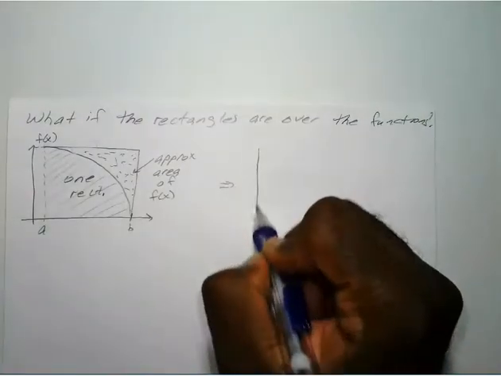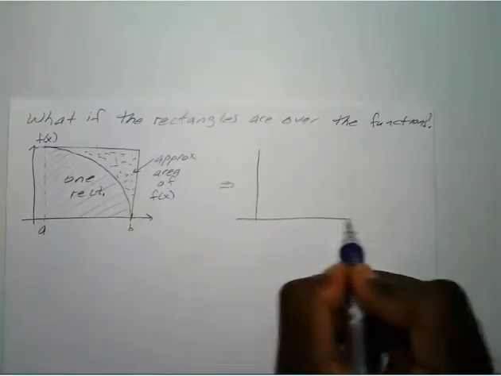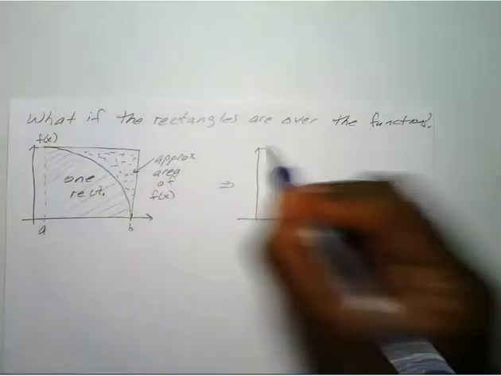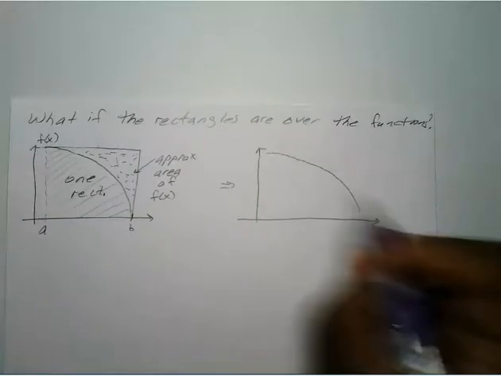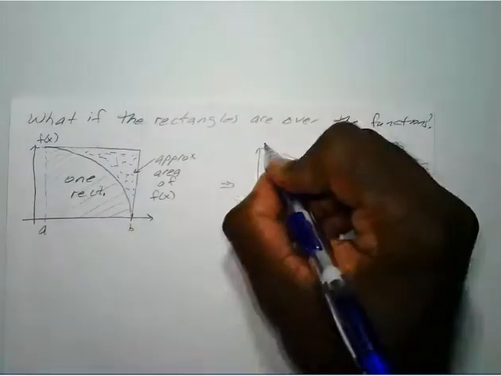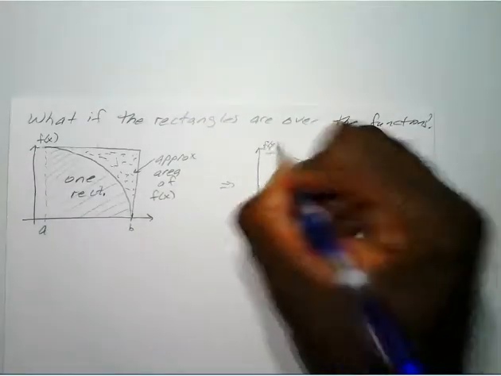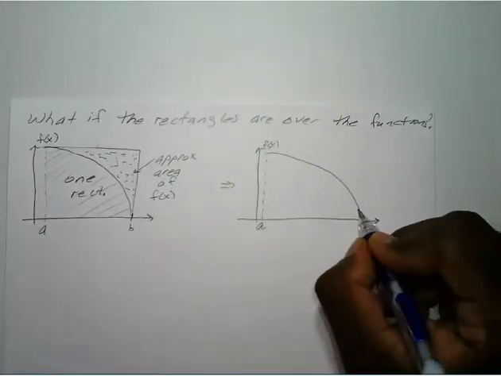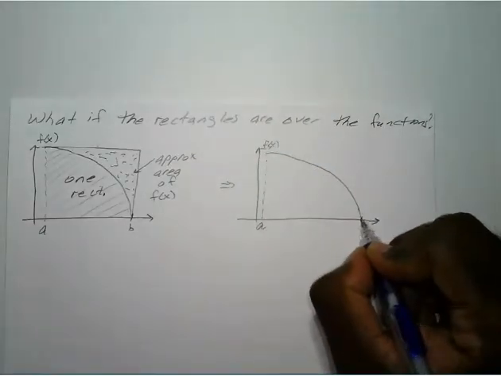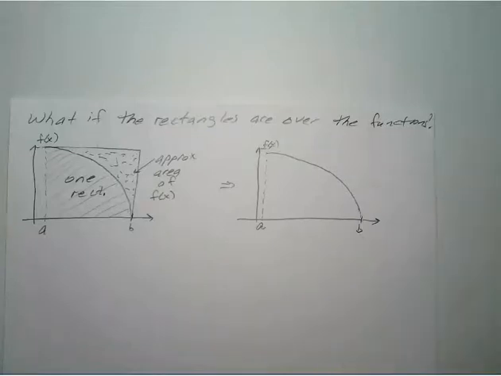Okay, so again, we have our function, and let's say it looks something like that. And this is your f of x, between the values of x equals a and x equals b.